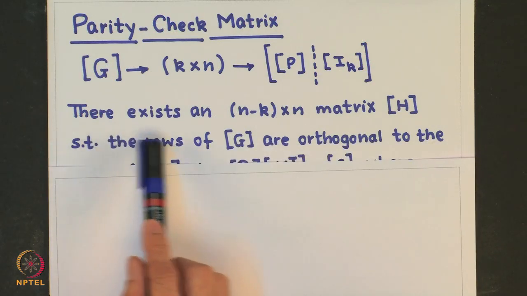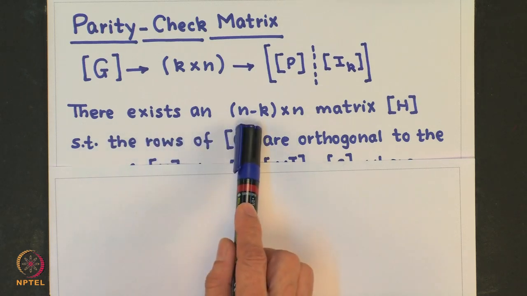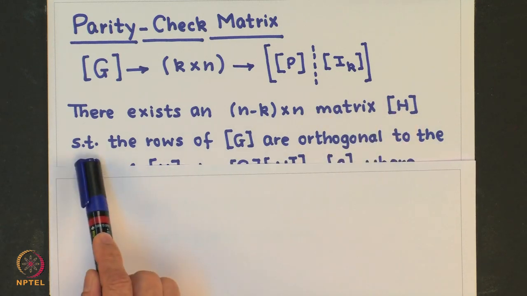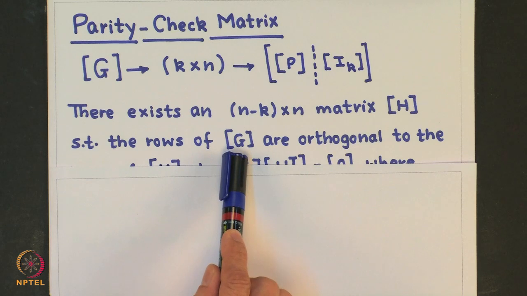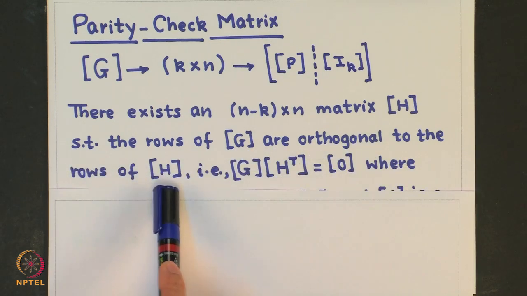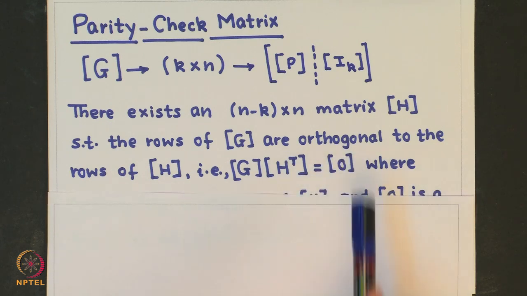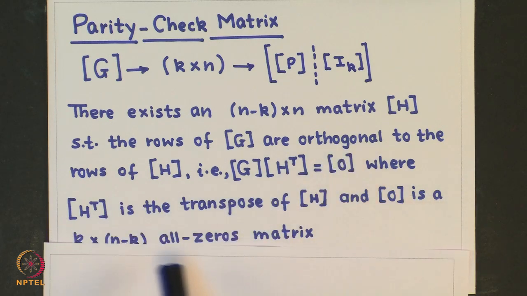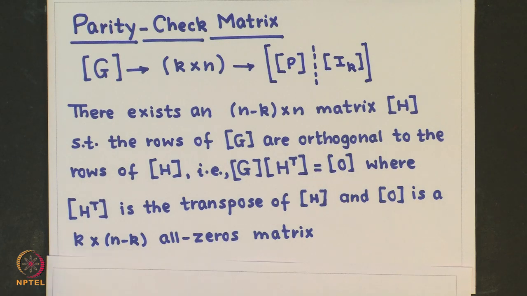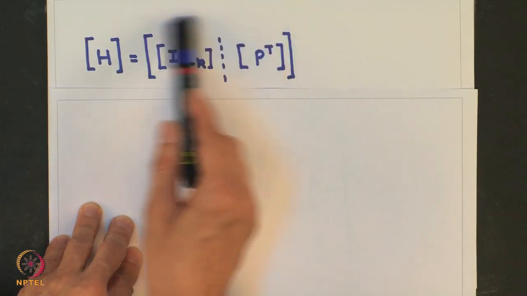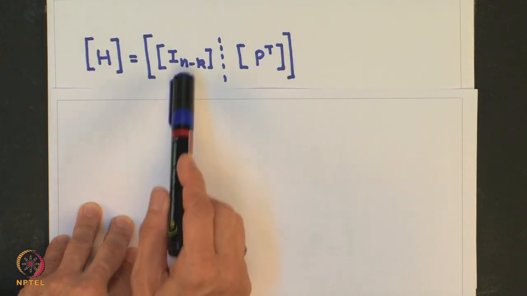What it says is that there exists an (n minus k) by n matrix, the Parity-Check Matrix H, such that the rows of G are orthogonal to the rows of the Parity-Check Matrix H. That is, G H transpose is equal to a 0 matrix, where this 0 matrix is of the size k by (n minus k), and it contains all 0 elements. So, the Parity-Check matrix for the matrix G is as shown here on the slide.